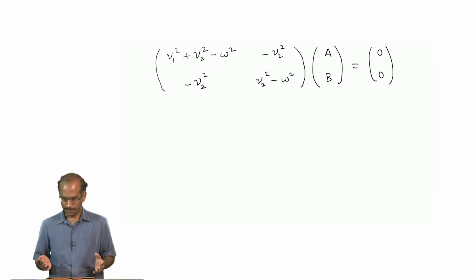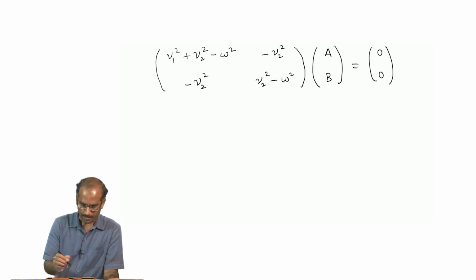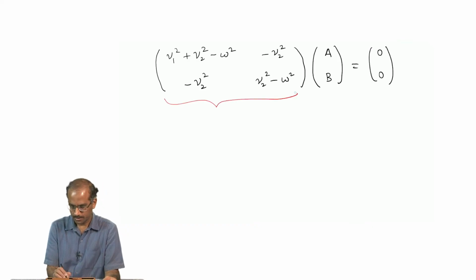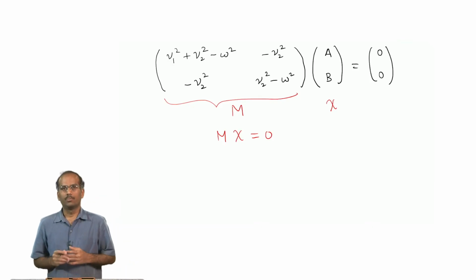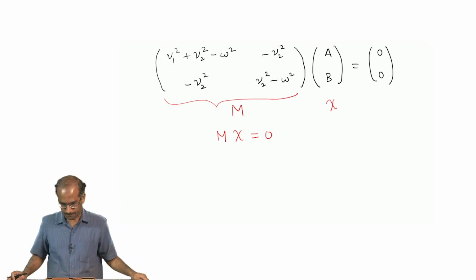So, now I have written this in matrix vector product form, and as usual let us do a renaming. Let us call this matrix M and this is chi, and of course, this is 0. So, now I have a matrix vector product being equal to 0. Both A and B, we should remember, are the amplitudes.